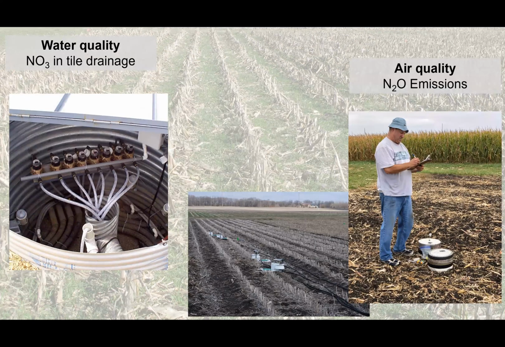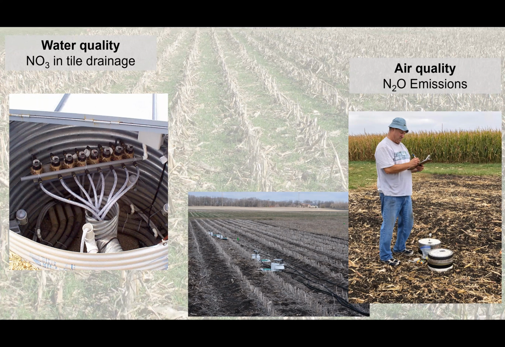So now some other issues. The sustainability part. Water quality and air quality, I've got some numbers on that. This is for water quality. Again, we're collecting tile drainage water, looking at nitrate, ammonium, phosphorus, potassium, and sulfur. I won't present data on all these things. We have N2O emissions being collected.